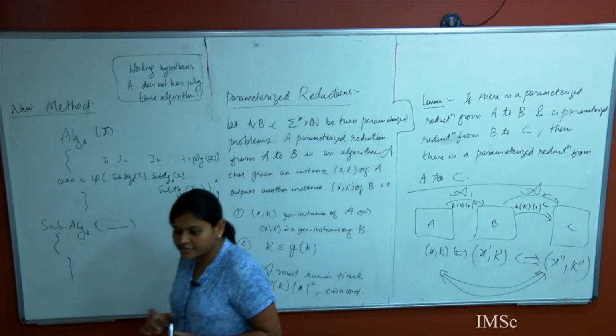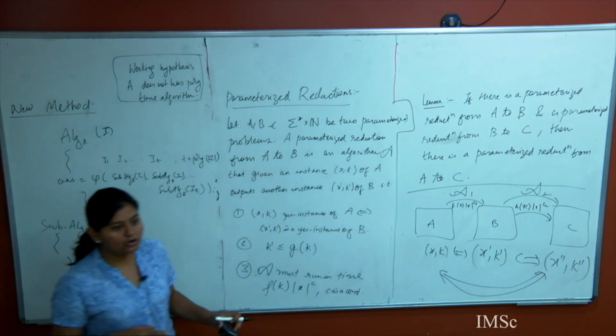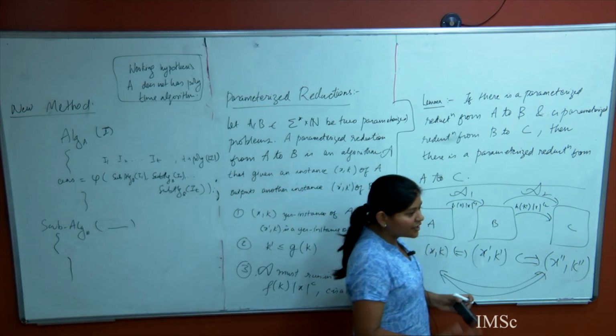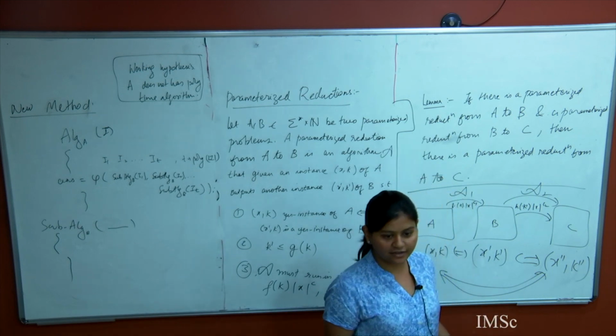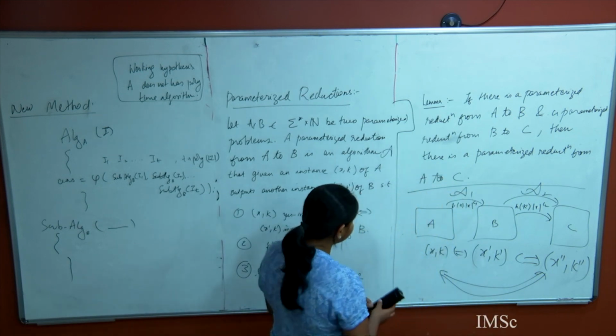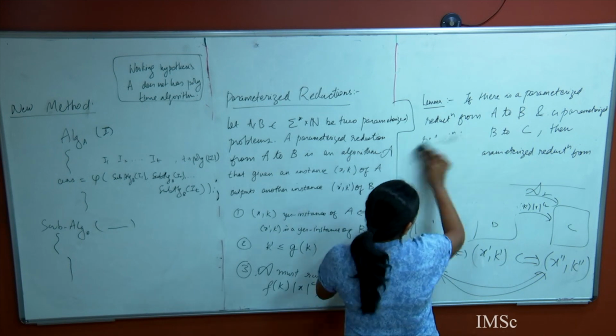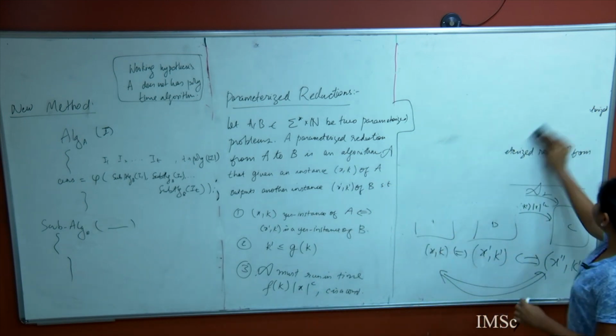So why is this useful for us? Why do we want to highlight that there is a transitivity property? Okay. This I think everybody can remember. So I will erase this.